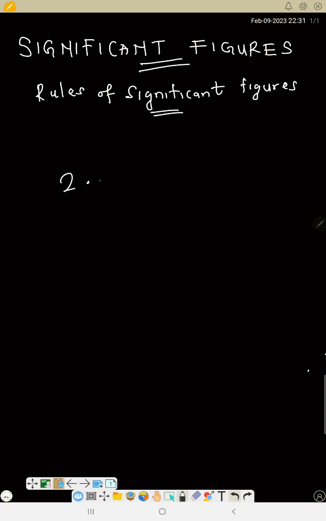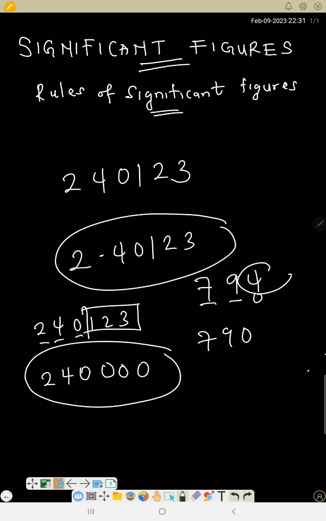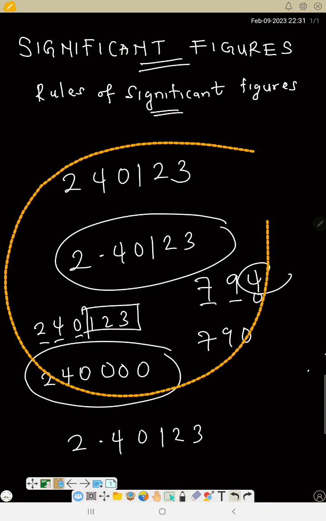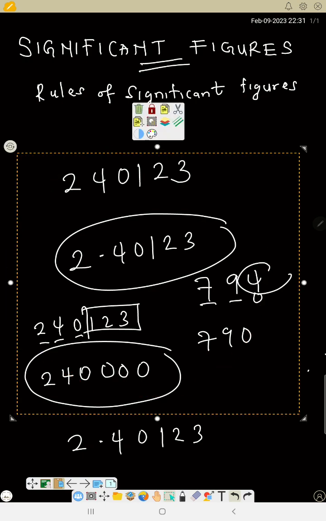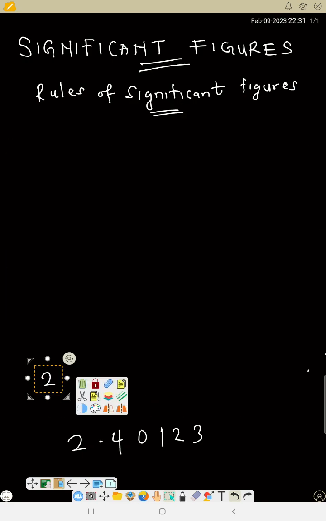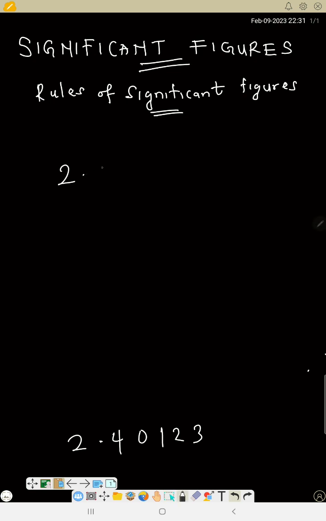So if I have 2.40123, now to three significant figures, I'll start counting from here: 1 2 3. So this is three significant figures. So this will be 2.40.